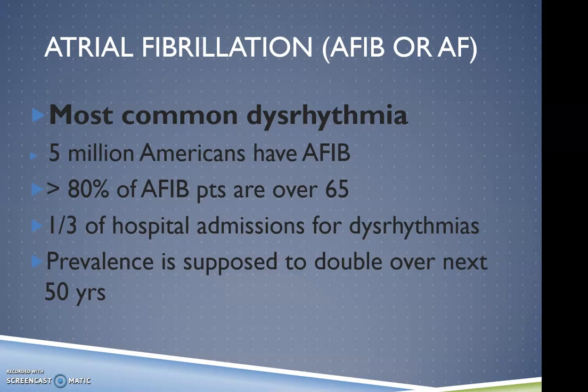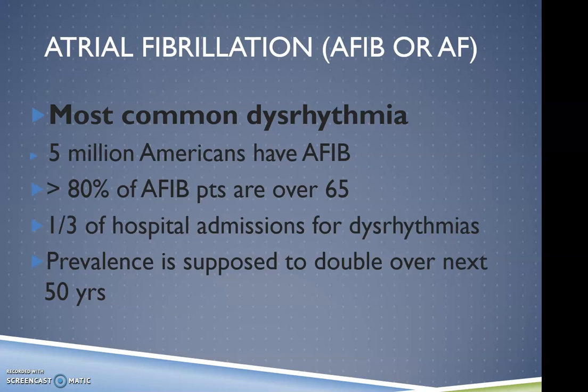And if you think about it, you've probably seen tons of commercials for different types of blood thinners for people with AFib. And the research and the innovation for treating AFib is going to continue just because it's going to be such a huge issue for people in the future.